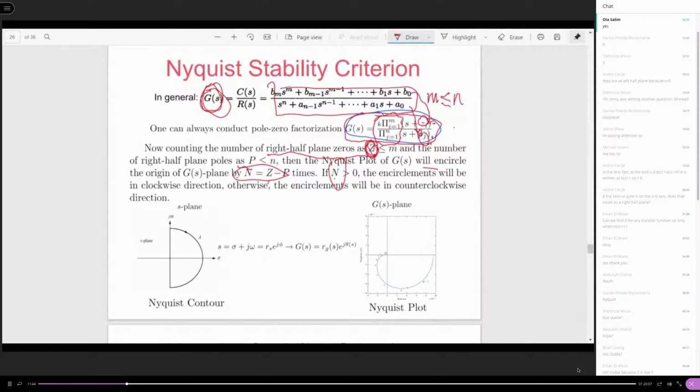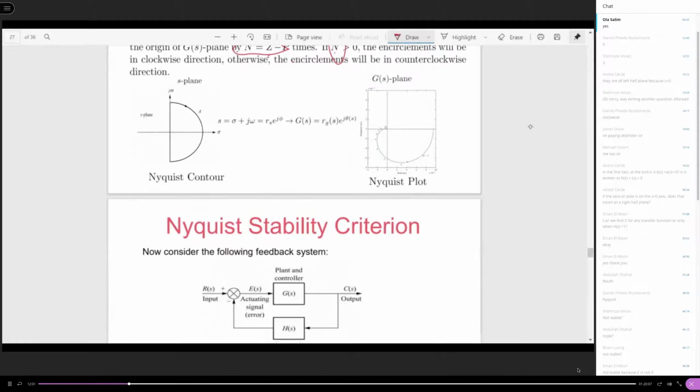That's a hard fact about the general Nyquist plot of the transfer function. It's a general conclusion, and it's always true. As long as you have a transfer function, you get this conclusion.